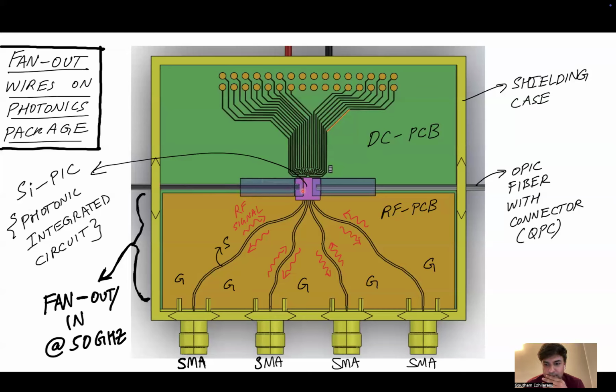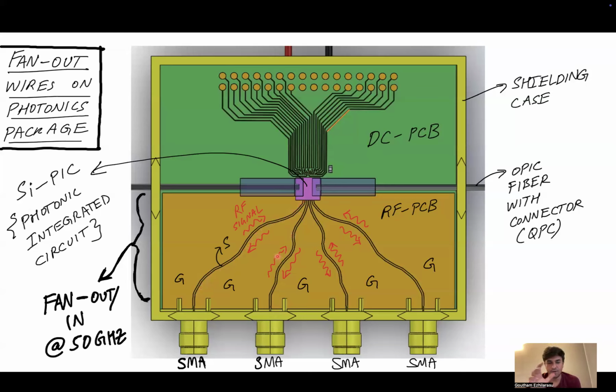These are quasi-planar couplers, QPC fiber array couplers, attached to this PIC. They send a laser signal, which acts as the oscillator frequency for this modulator. That oscillator frequency is then mixed with the actual signal frequency, which is sent as an RF signal through this RF PCB.